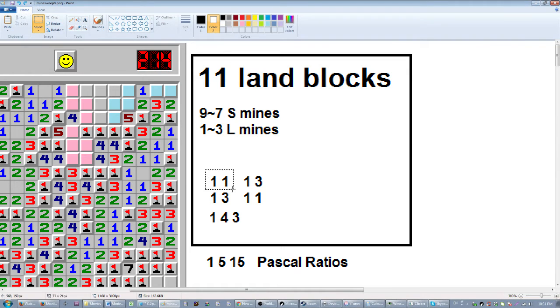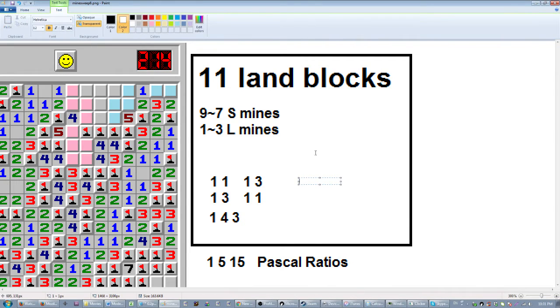Alright, so you want to consider these as polynomials, each part, right? So this would be x plus 1, and this would be x plus 3, and you multiply them together to get x squared plus 4x plus 3. But that would only make things more complex for you, so I wouldn't just do that.